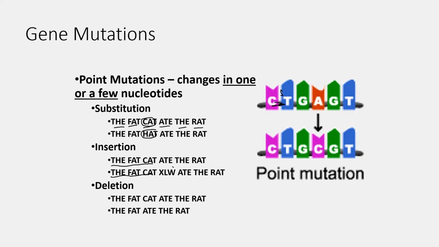But this has been added, right? So now the sentence reads, the fat cat XLW ate the rat. What is XLW? Who knows, right? And in a deletion now, you're taking something away. So the fat cat ate the rat ends up giving you the fat ate the rat. So fat is just running around eating rats apparently, right?